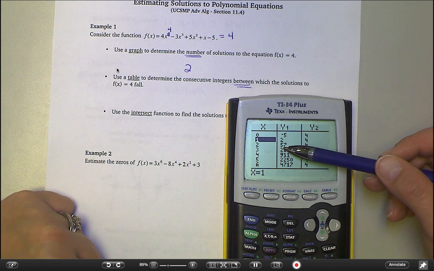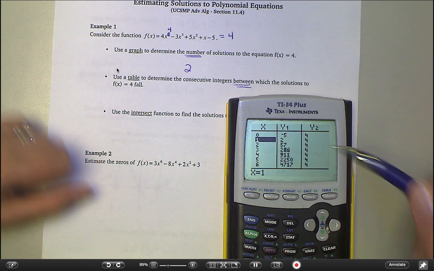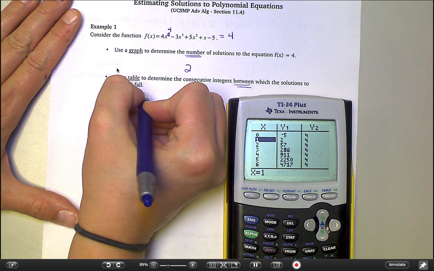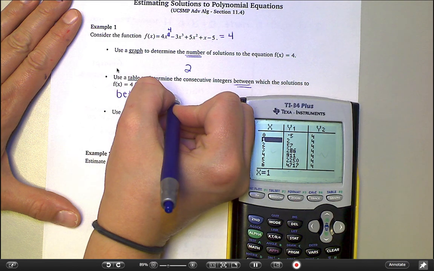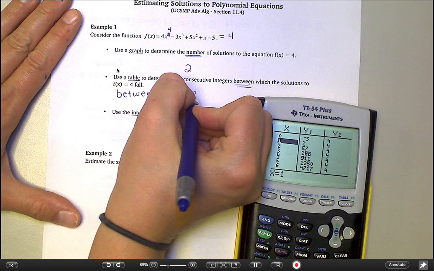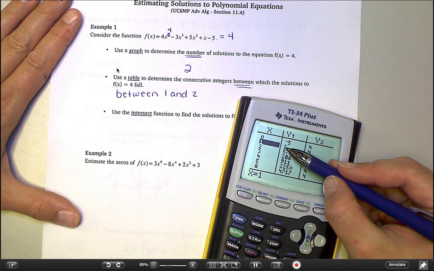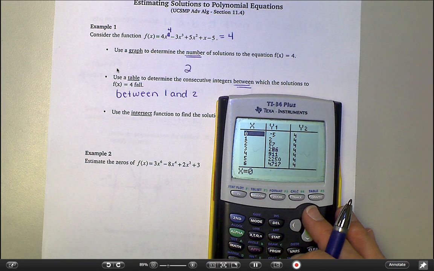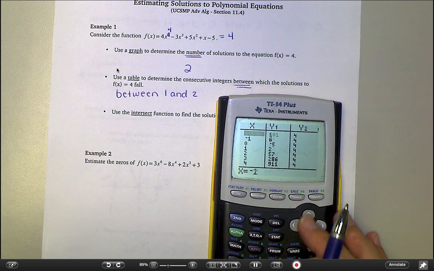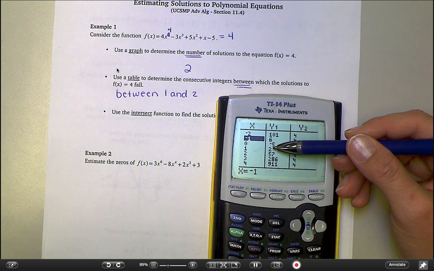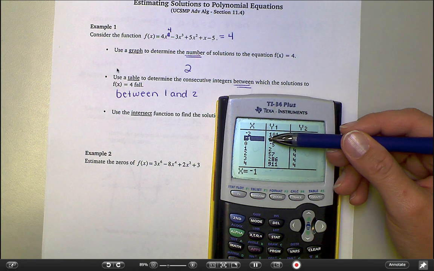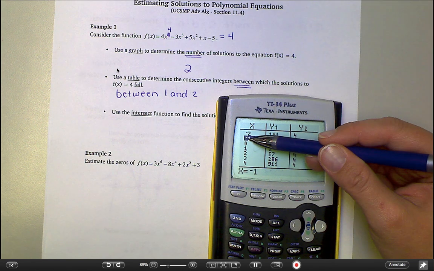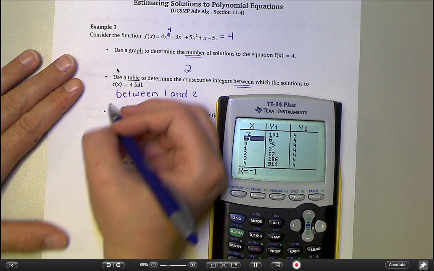So x-wise, I would say one of my solutions falls between 1 and 2, okay? Because my graph from 2 to 57 obviously is going to cross over where y is equal to 4. And then let's look and see if we can find where it would happen again. Oh, probably right there. So again, between -5 and 6, I cross over y equals 4. So between 0 and -1, I must have a solution.